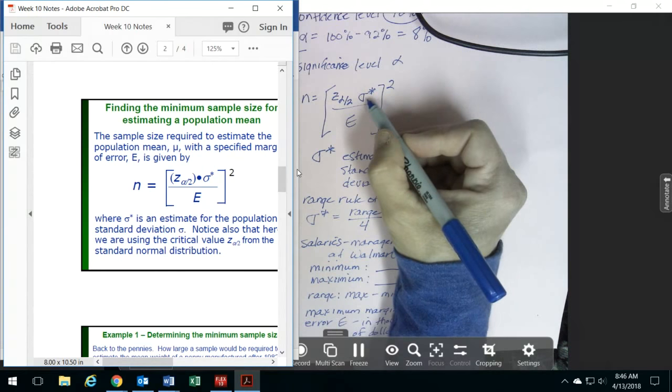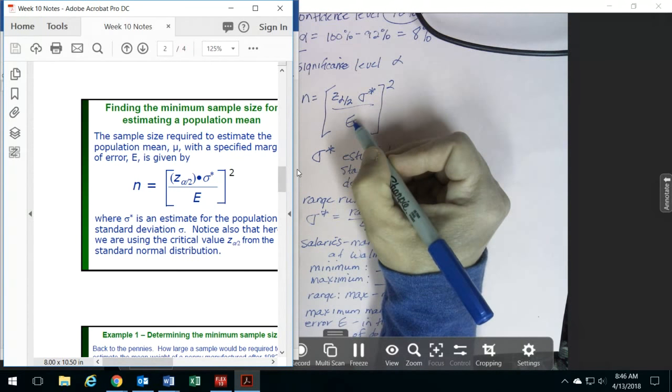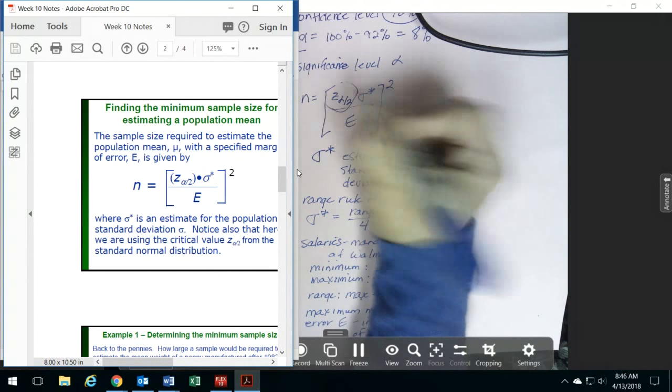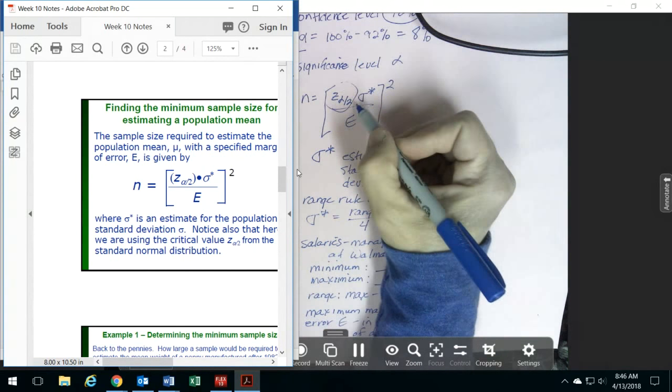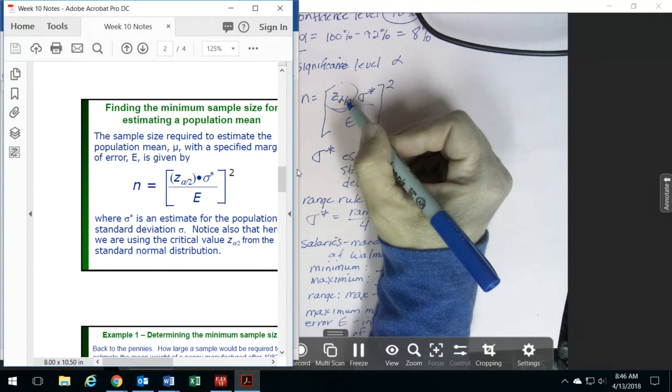I mean, that was a guess anyway. You could change your maximum margin of error, but the most important thing that we're looking at is this critical value. So remember, if you want to make this number smaller, then you have to lower your confidence level.